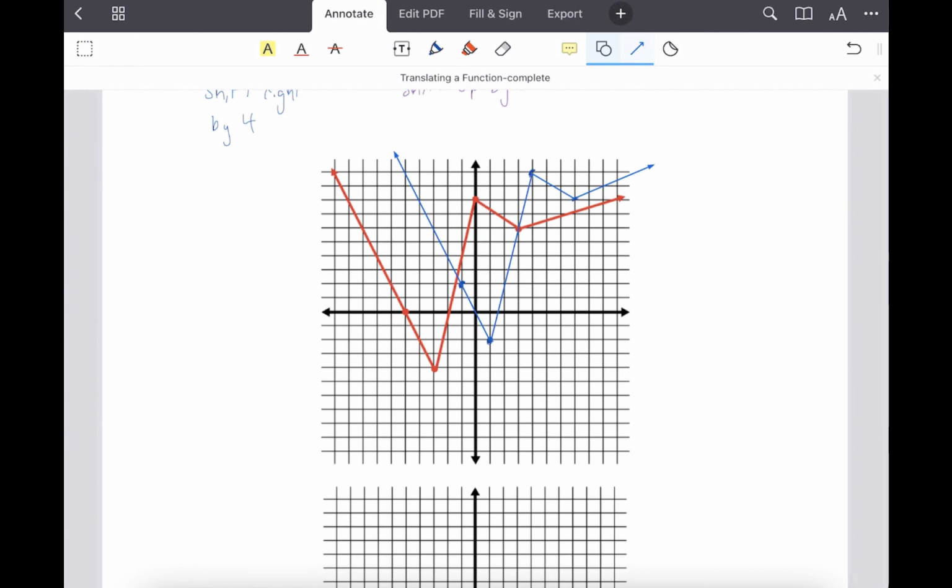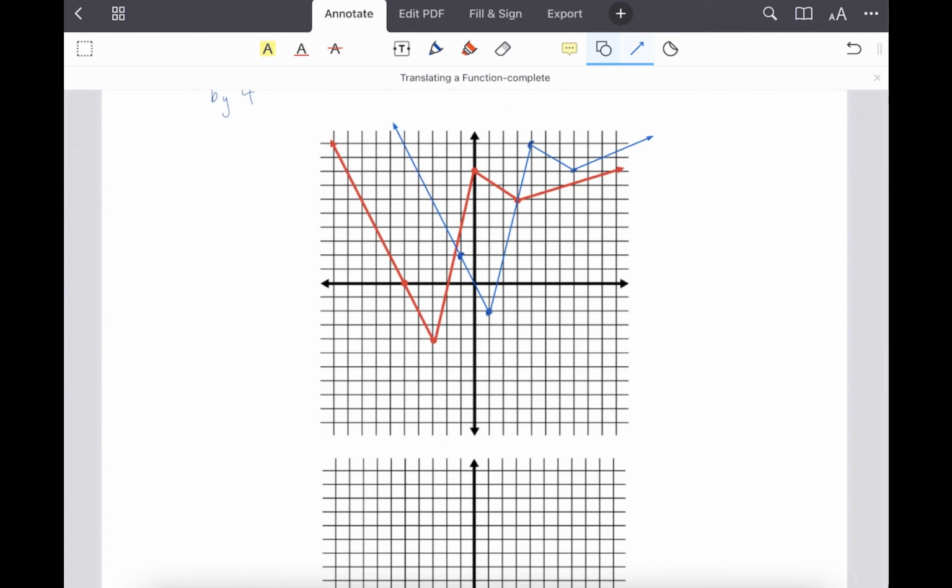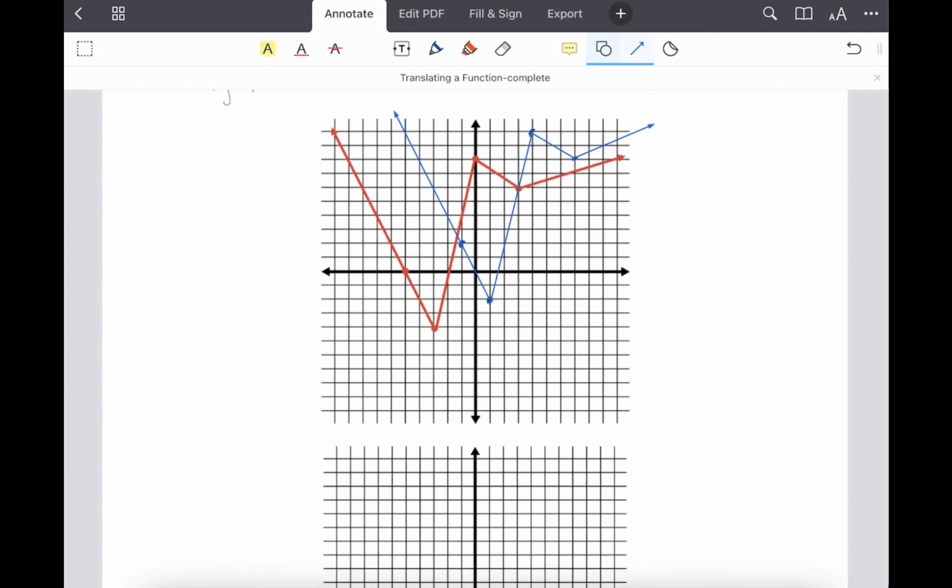If I wanted to put this in its own graph, I could copy it over.